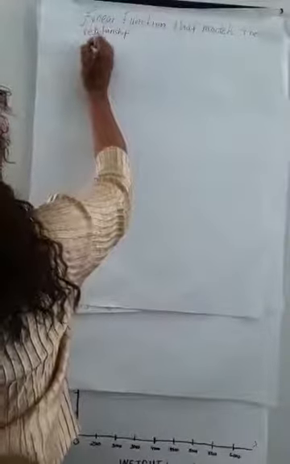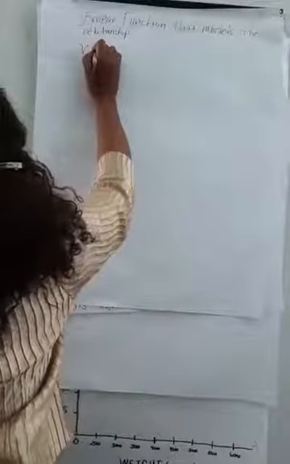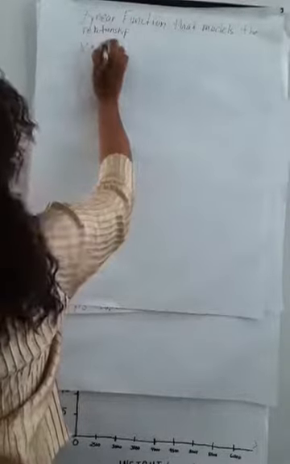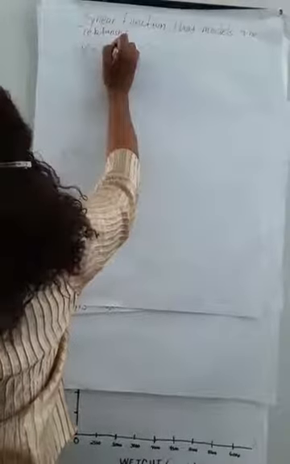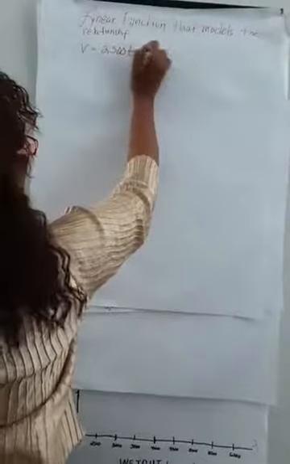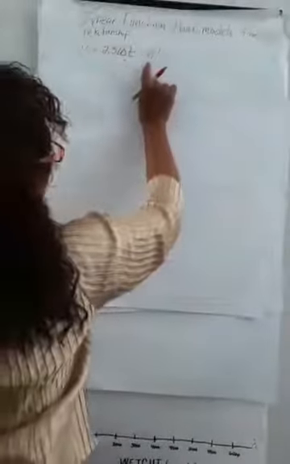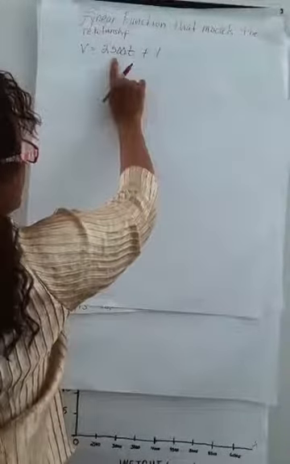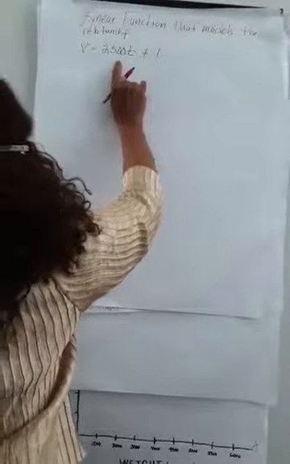So the value is equal to 2,500 t plus, this is my rate of change. Every year it went down.